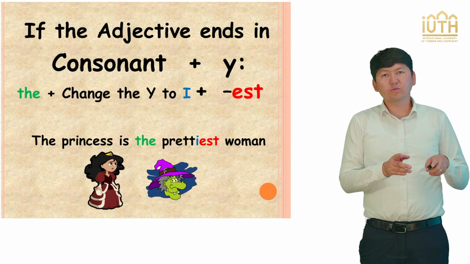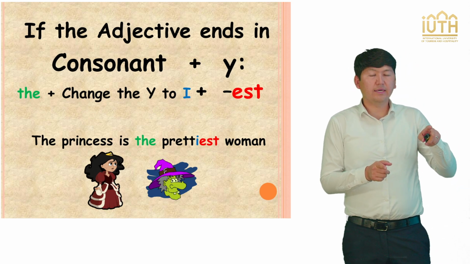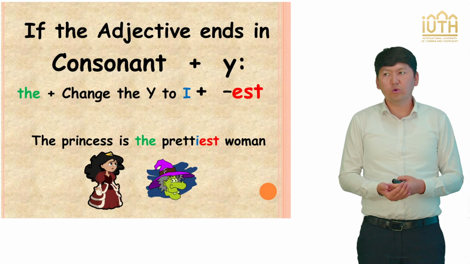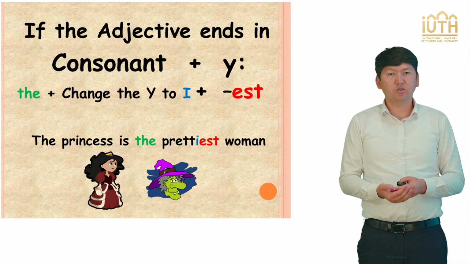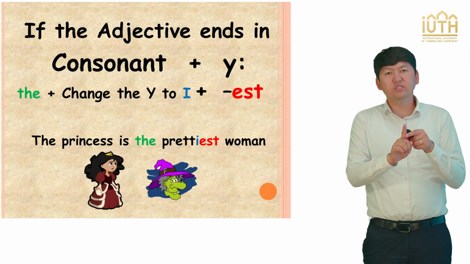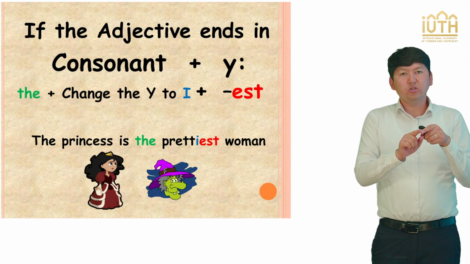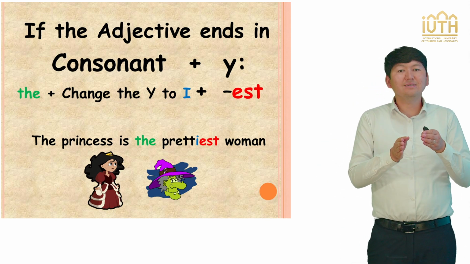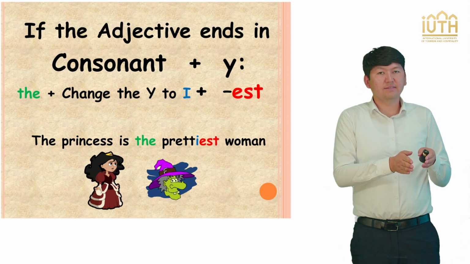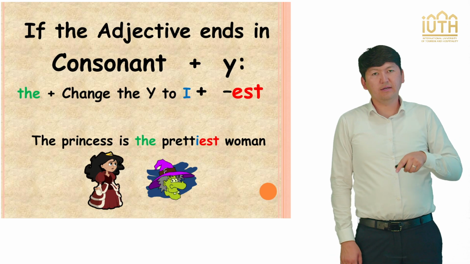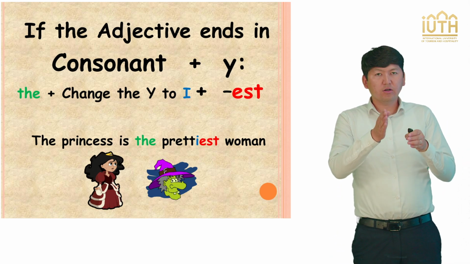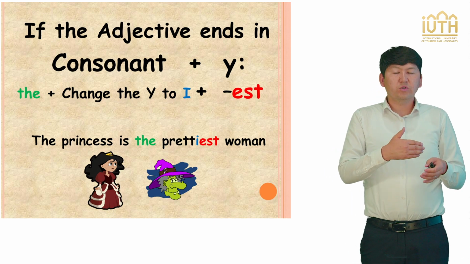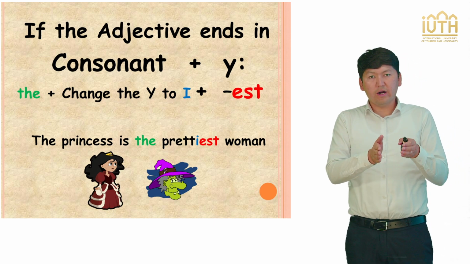The word pretty had Y at the end, but we changed it into I because before the Y we have the consonant T. So in that case, you change Y into I, like prettiest, easiest, from easy. But in cases when you have a vowel and Y, you don't change.